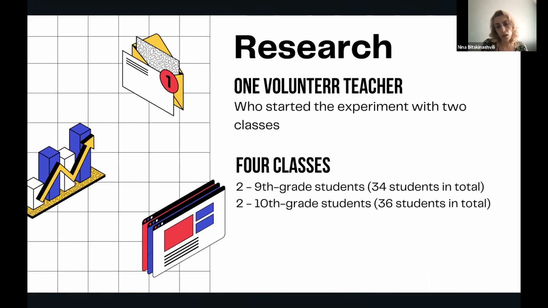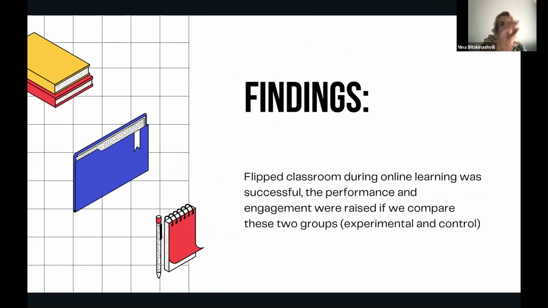As you know, we had these 9th graders who were the experimental group, and 10th graders who just had the normal online classes with the same teacher. Of course, the subject was the same, and the 10th graders and 9th graders are not the same age, but still it was interesting to see how the engagement improved.